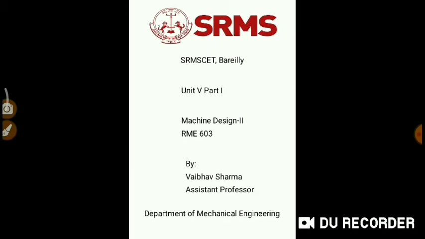One by one we will be studying the design of the different major parts of the IC engines, and these designs will include the piston, cylinder, crankshaft, and connecting rod. These five parts are in your syllabus for designing, and we will be starting one by one with this lecture.